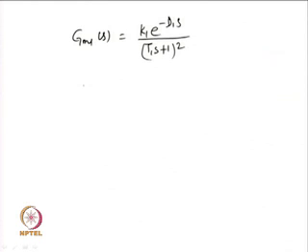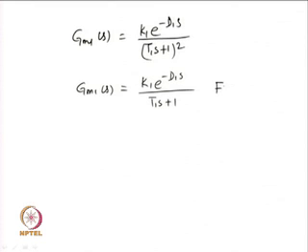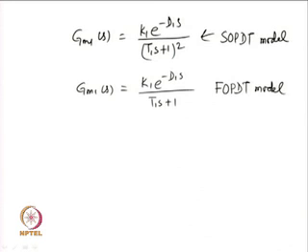Often one can use any sort of transfer function model here. So, G1(s) can be of the form K1 e to the power minus D1 s divided by T1 s plus 1 also. So, we can represent the SISO transfer function model by some first order plus dead time model, unlike the second order plus dead time model that we have assumed for our study.